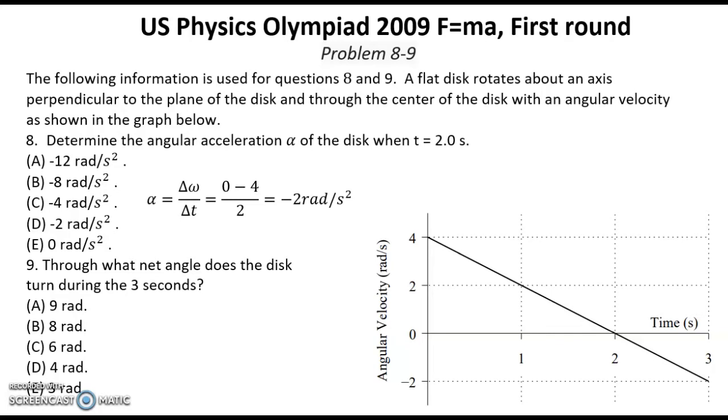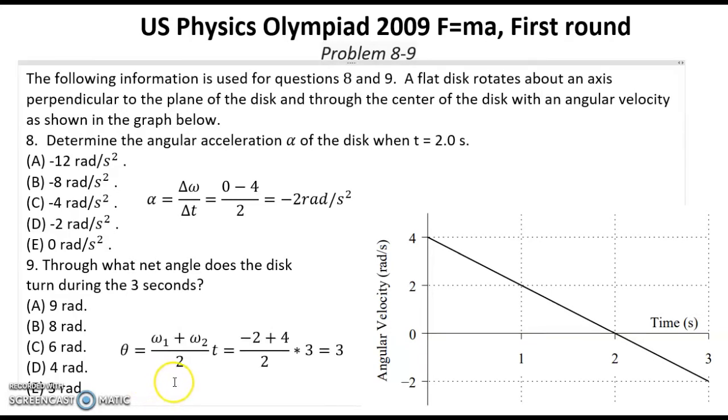In that case we can use this formula: initial velocity plus final velocity over 2, that's average velocity, multiplied by time. We can choose time from 0 to 3 seconds.